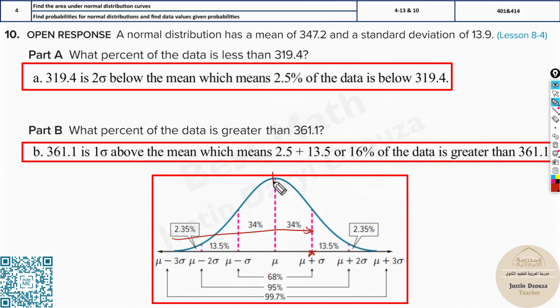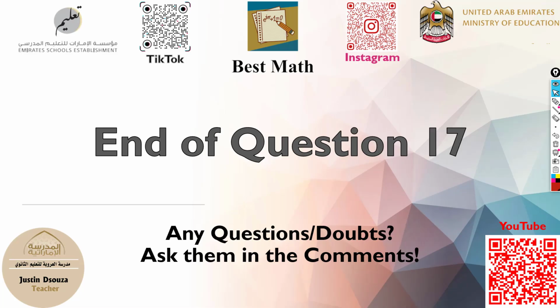Half is 50. And here add this, it's 84%. Now we need greater than. They have clearly mentioned it's greater, not this answer. Greater, not 84. 100 minus 84% will be 16%. So that is your answer. So all the values that is greater than 361.1 is 16%. So there you go. So these would be the answers. That is how we solve the question number 17.